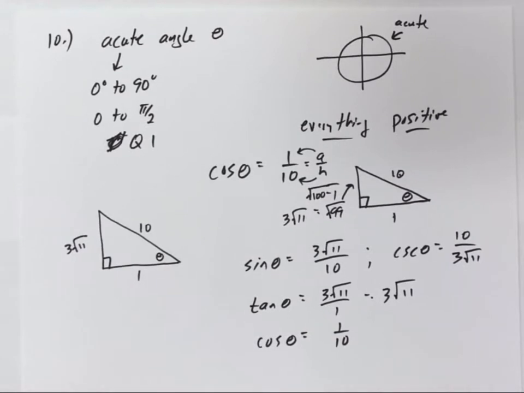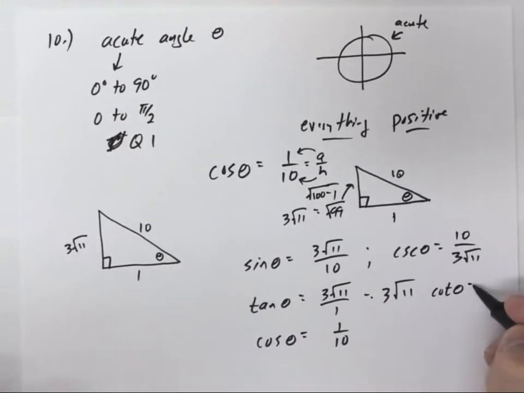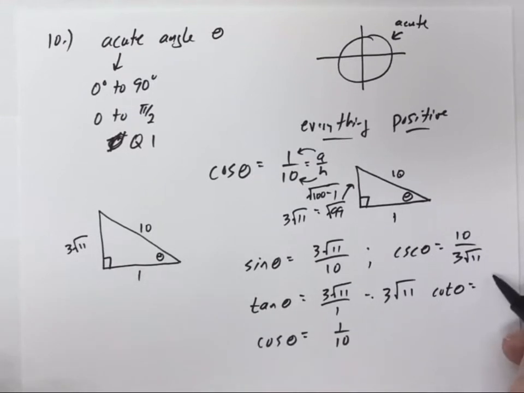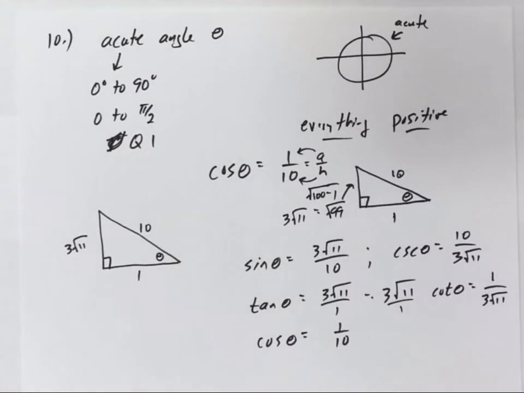So I'm going to leave it like this for now. Tangent, cotangent, we flip that. Once again, you can think of this as over 1.